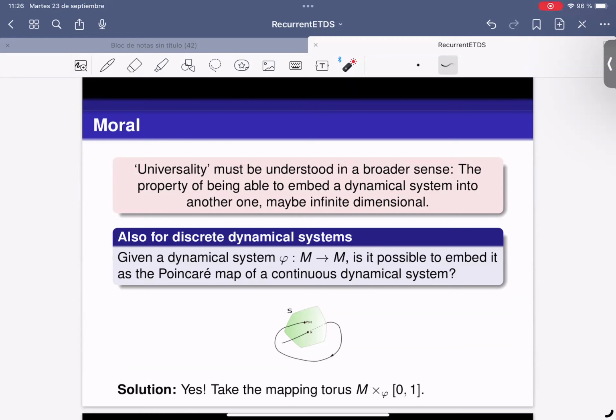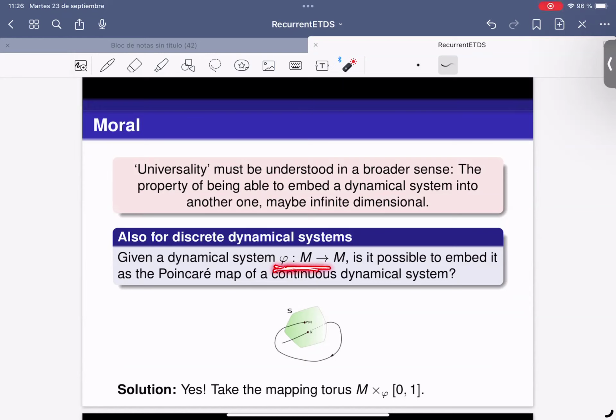And what can we do for discrete dynamical systems? Give me a discrete dynamical system, and I want to consider continuous maps, that's all, not necessarily diffeomorphisms.